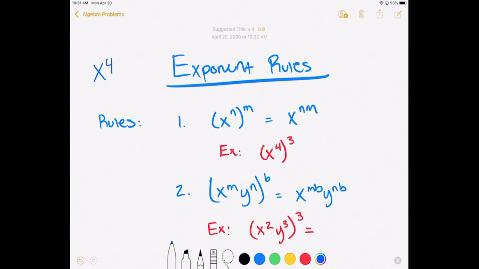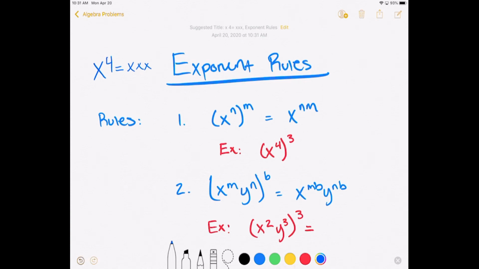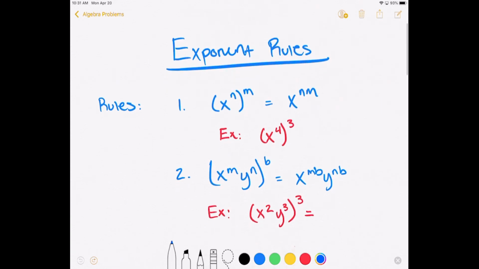So that's what an exponent is, how it works. It's always positioned to the top right of the expression, and obviously smaller than what a normal number would be. Not the one I drew, it kind of looks like x4, but that should be x to the 4th. Okay, so let's go over the exponent rules here.